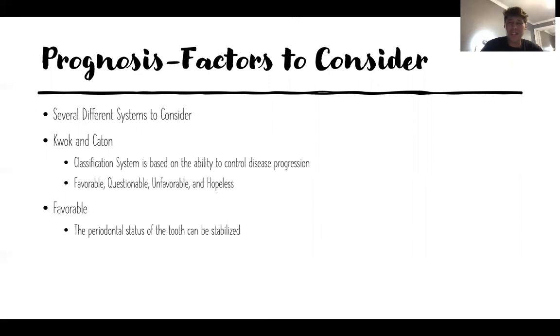McGuire and Nunn talk about tooth-specific factors in terms of periodontal prognosis, where the reason why I like Kwok and Caton is it's a classification system based on the ability to control disease. They have 4 different categories: favorable, questionable, unfavorable, and hopeless.